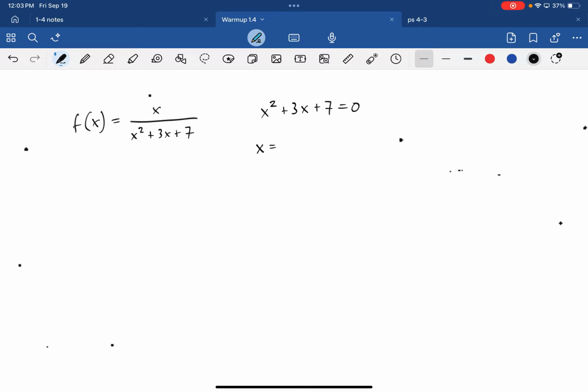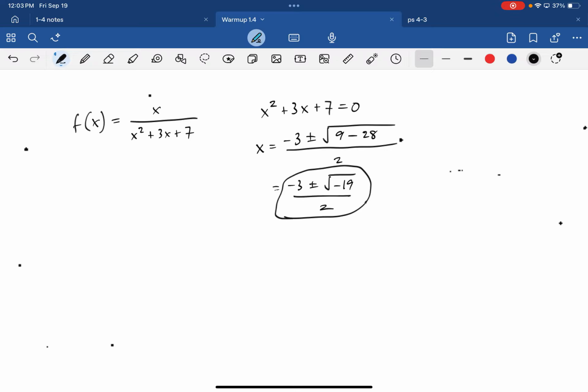Negative b plus or minus, negative 3 plus or minus the square root of b squared, which is 9, and then 4ac is minus 28, over 2. And this evaluates to the square root of negative 19 over 2. Okay? But when we look at this, this is not a real number.